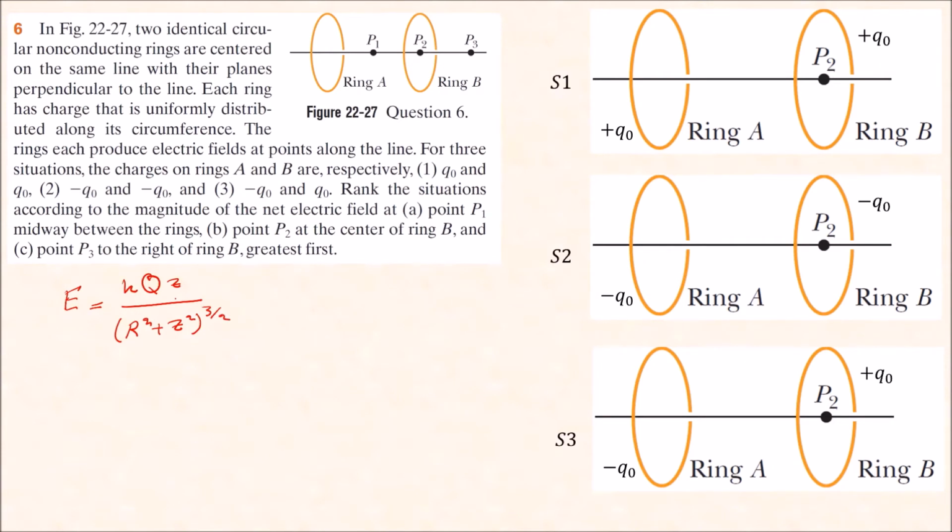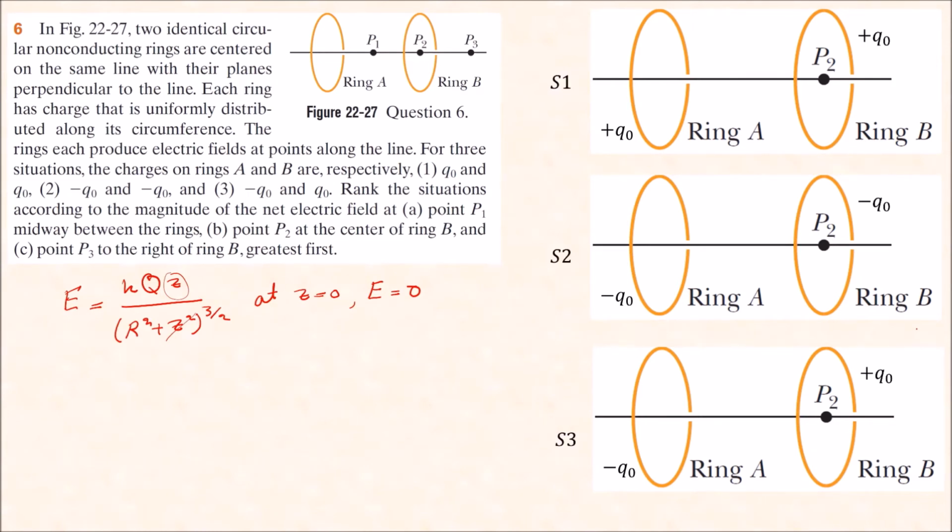So if you put Z equal to 0, we get E equal to 0, right? Because the denominator is non-zero, the numerator becomes 0. So for point P2, the electric field of ring B is 0, no matter what charge it has.